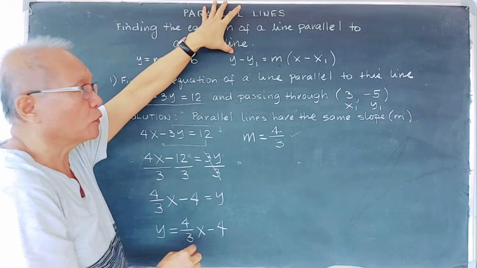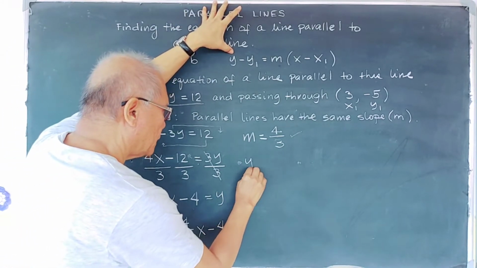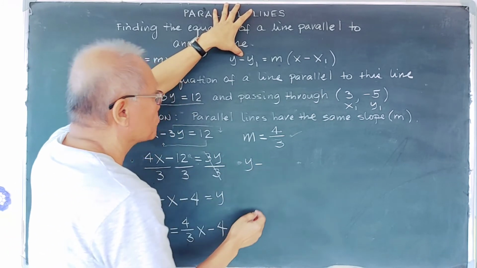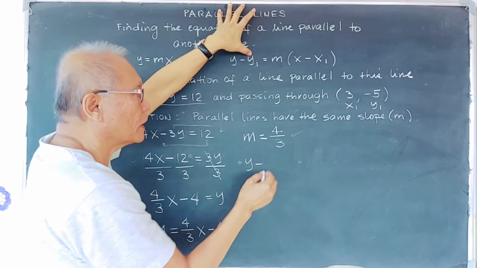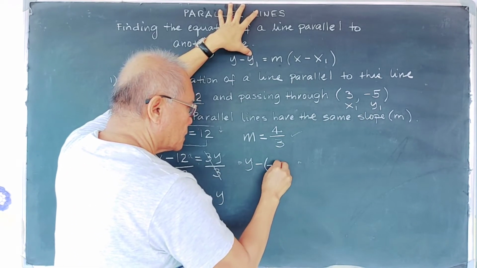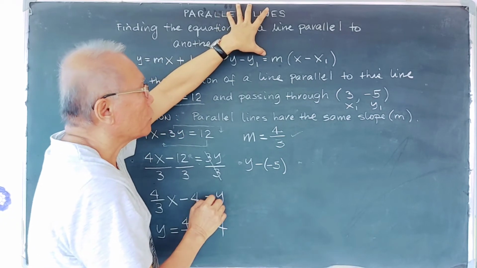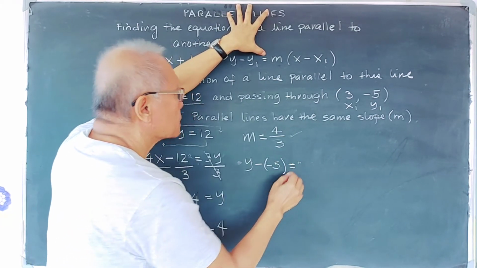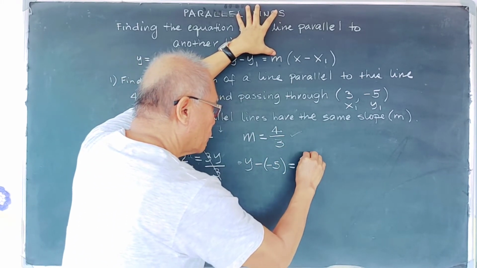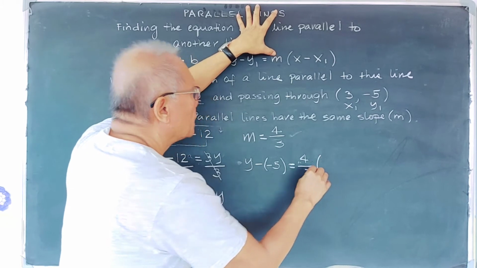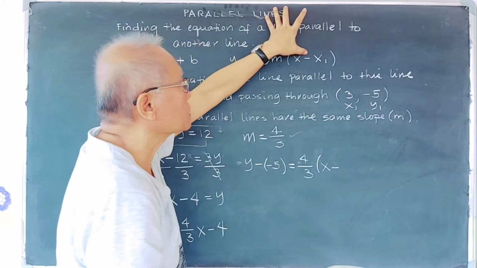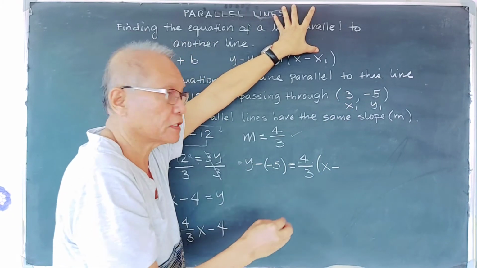So here we have the y, so we put y, and then minus; always put the subtraction symbol here. Y sub 1 is here; enclose that in parentheses because that is negative. Equals, copy the equals. And then our m is 4 over 3, so we have 4 over 3 times x, minus, and x sub 1 is 3.